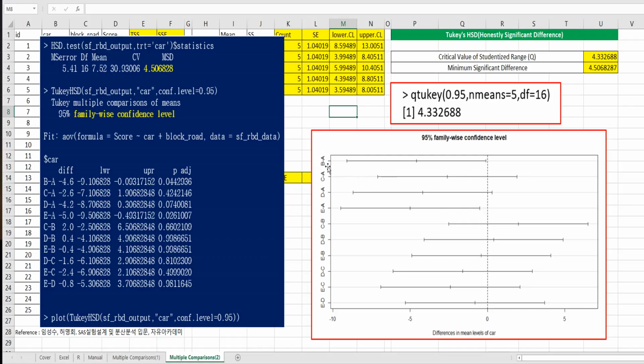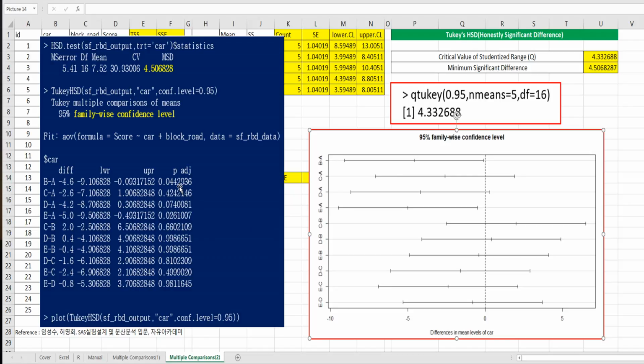So if this interval includes 0, it means that there is no significant difference between two treatments. So BNA and ENA does not include 0 in this interval. So we can say that there is a statistically significant difference between treatment BNA and treatment ENA, right?